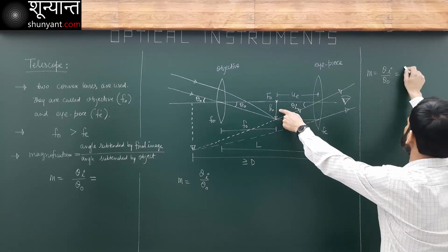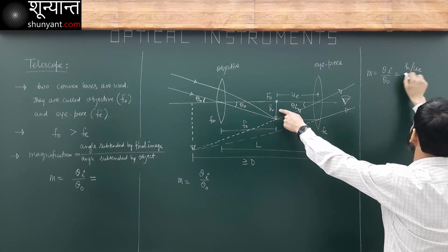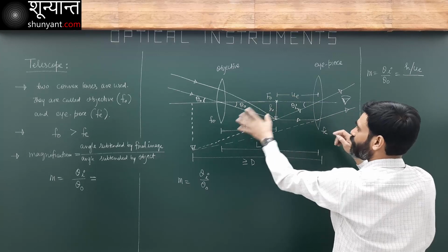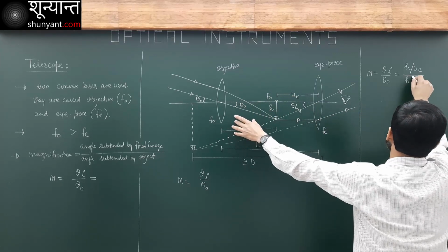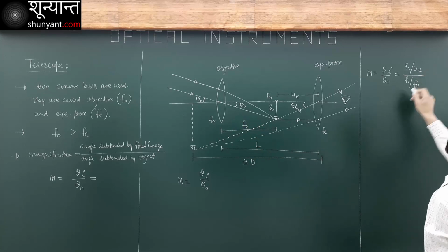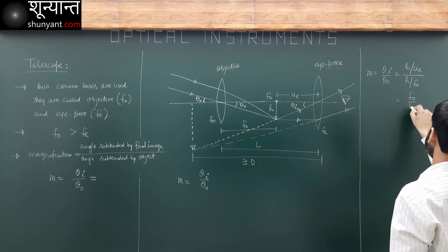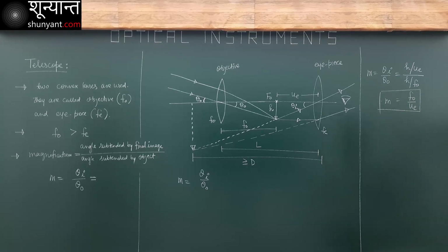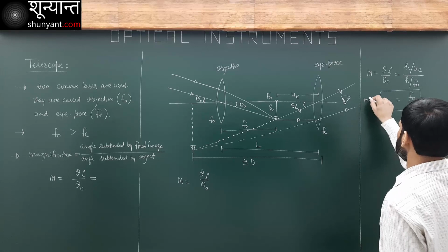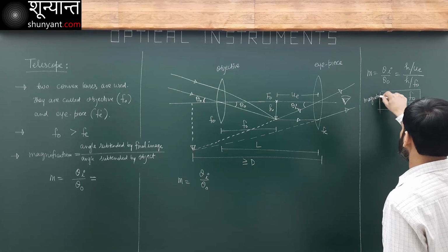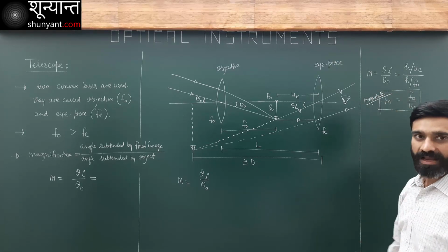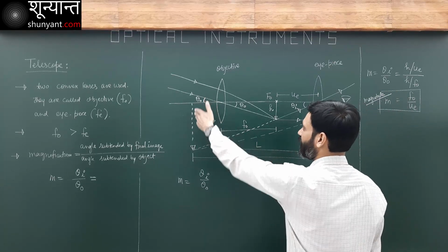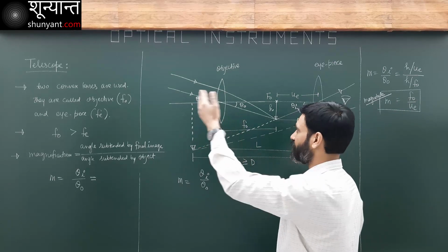It is equal to H over UE, and theta O is H over FO, which is fixed. So the magnification is FO over UE. This is the magnitude. What will be the sign? It will be negative, because the final image is inverted with respect to the object.